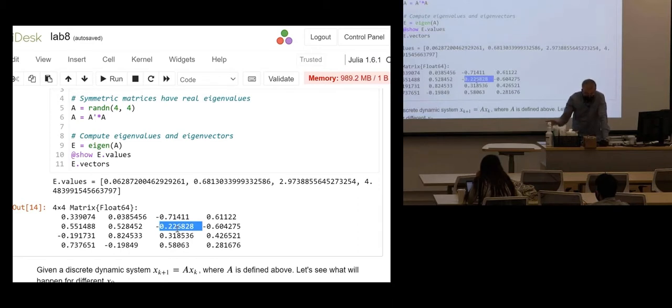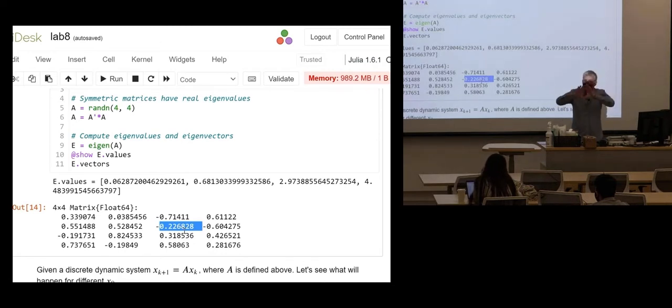Will it stay constant? Well, we can use linearity. We know our vector is 2 times this plus 3 times this. A times this component is going to shrink, it's multiplied by 0.06. A times this component gets multiplied by 3. I apply A again, this component stays multiplied by 0.06, so now it's 0.06 squared, and this component is 3 squared.